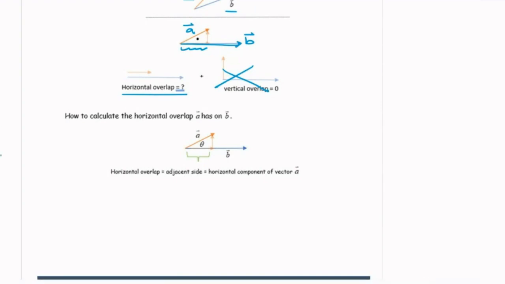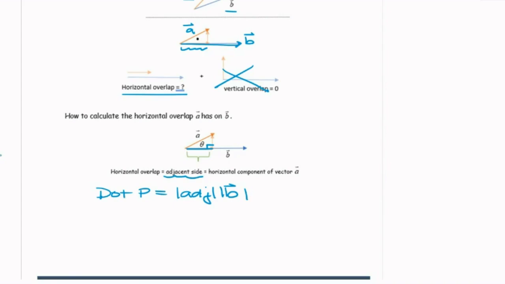Well, if you think about it, this is a right angle triangle, and so this is really our adjacent side. So what we need then for the dot product is we need the magnitude of our adjacent side. We don't care about the direction of it. We just need the magnitude of it times the magnitude of vector B. Well, how do we find the adjacent side?